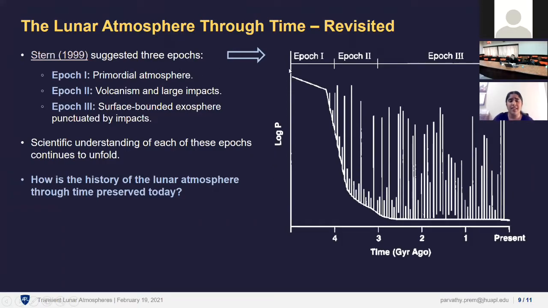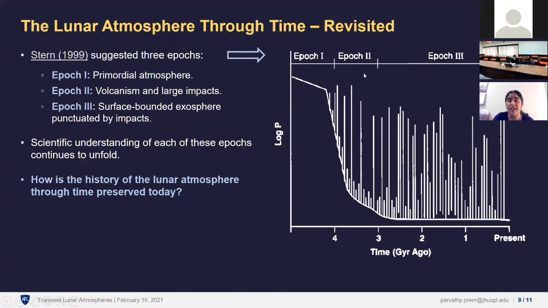But in general, we think there was first an epoch where the moon had this thick primordial atmosphere that gradually decayed over time. We then had a second epoch when the atmosphere was still decaying from its primordial state, but then you had volcanism occurring at certain intervals.